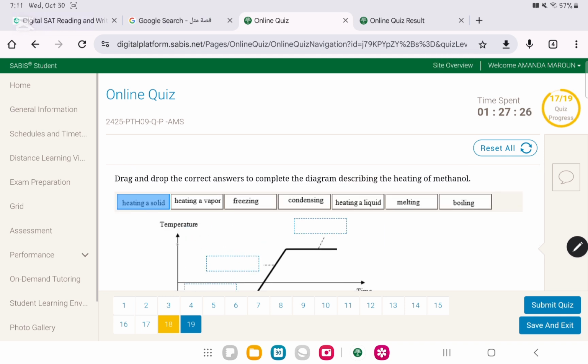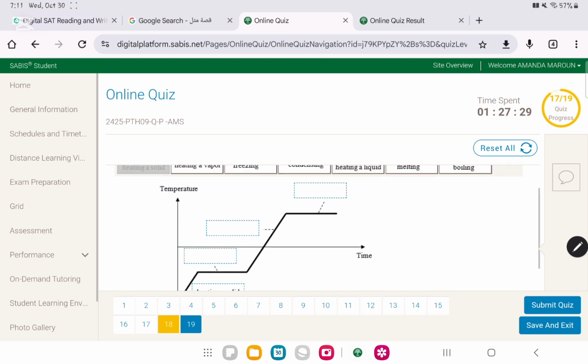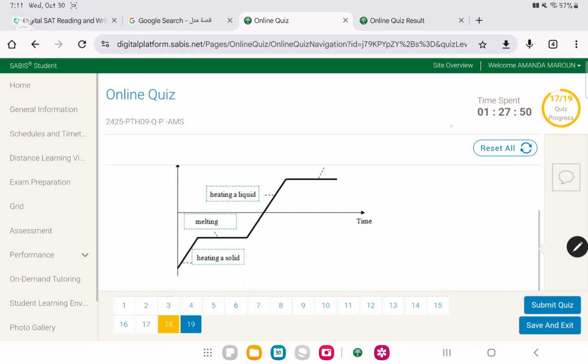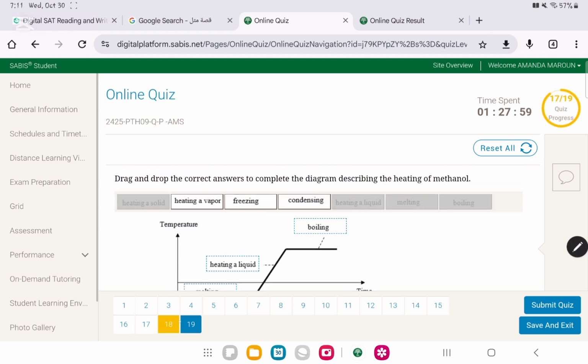First we heat a solid up. After that, it reaches the melting point. Then again, it's sloping, but we are now heating a liquid, and after that we have the boiling point. So we start with heating a solid. When it becomes flat, it's melting. When it slopes, it's heating a liquid. When it is flat, it is boiling.